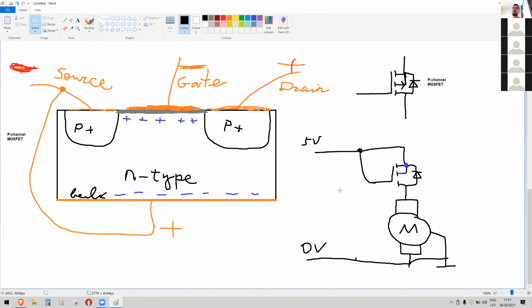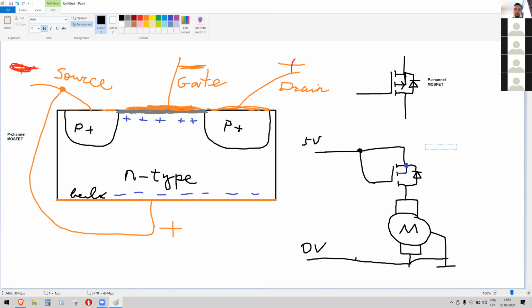Okay, so I'll write it with words. P channel MOSFET is connected between supply and load and turned on with ground voltage and turned off with supply voltage, like this.